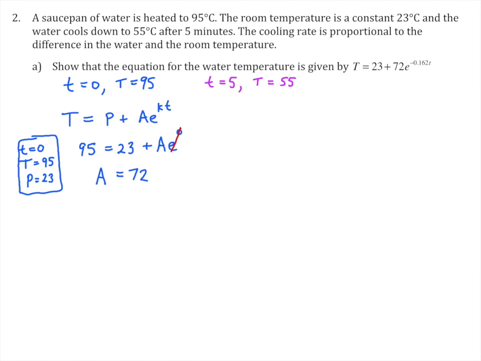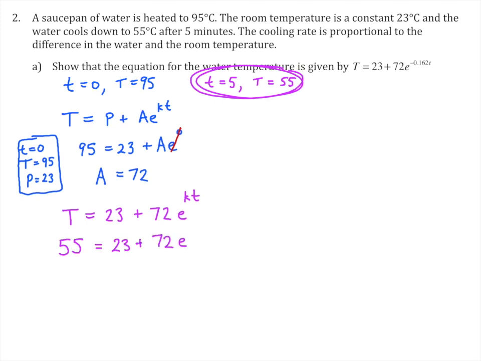That means my new formula is now this: T equals P, I know P is 23, plus A, I know A is 72, I just found that, e to the power of kt. So let's plug in this information here. After 5 minutes, the temperature is 55 degrees. So when the temperature is 55 degrees, I get that.